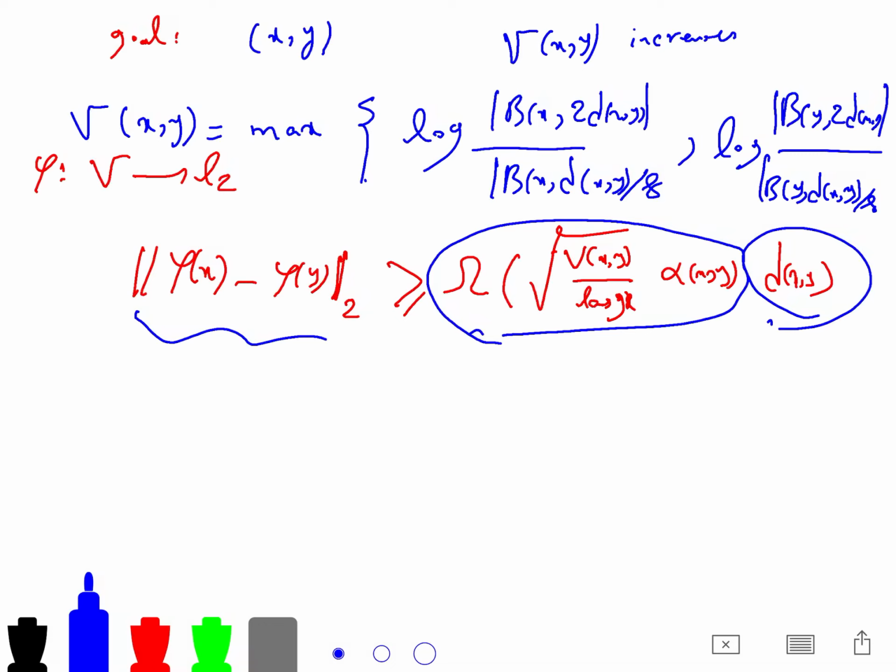And why did I say this? Because we can construct a coordinate for every t and then embed the points in this coordinate according to partitioning for that corresponding distance scale, L of t, I mean.